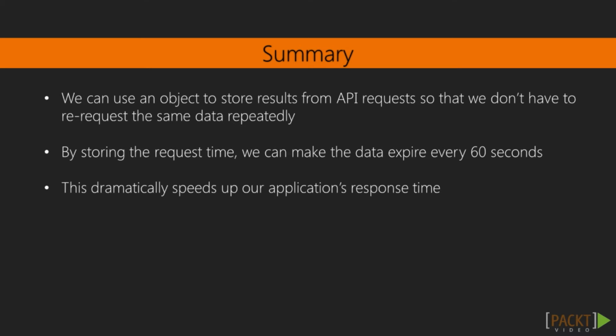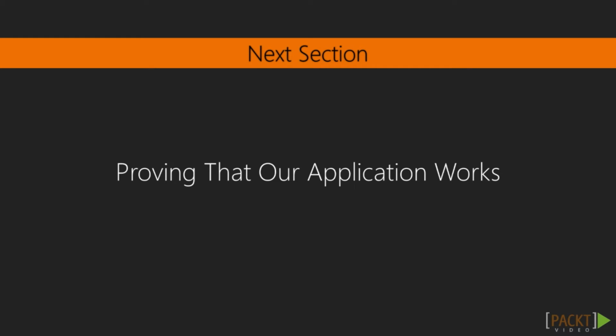Finally, we added a cache to the request to Instagram to speed up our response to users. This is quite a lot of code for us to just trust that it works fine. So next time, we'll be taking a look at Mocha, a testing tool for JavaScript, so that we can prove everything works as expected.